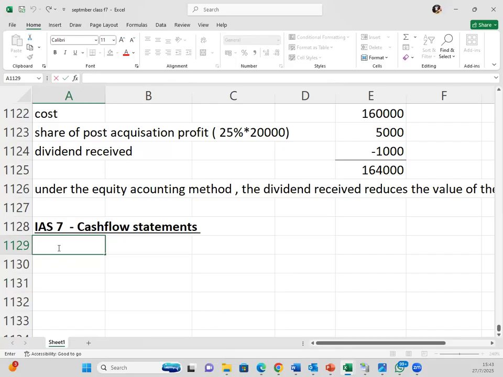So the cash flow statement traces the movement of cash in and out of the business.